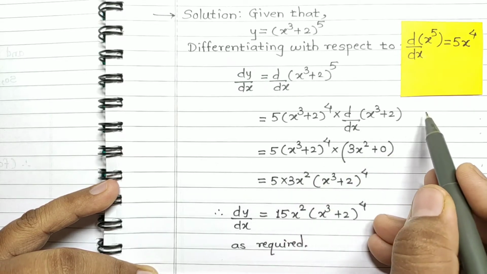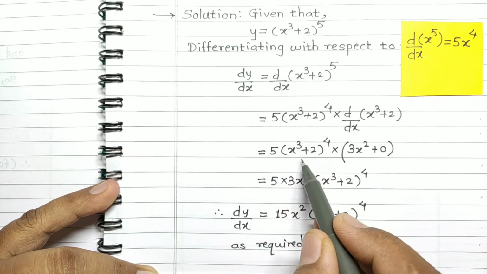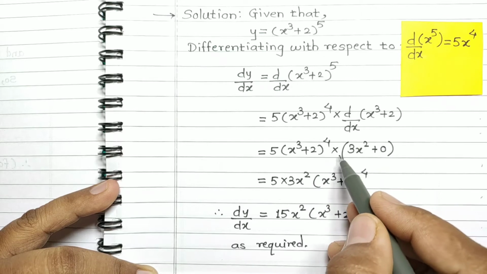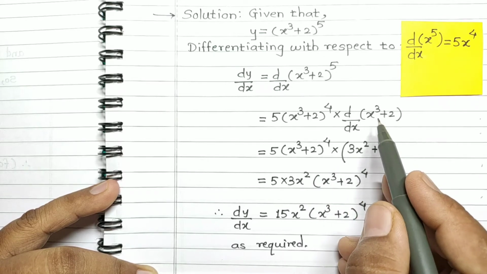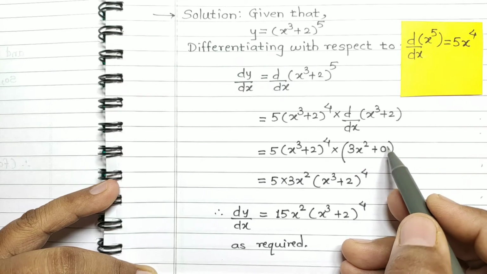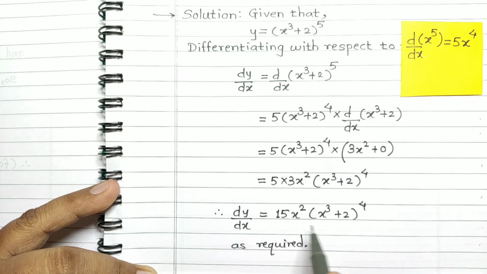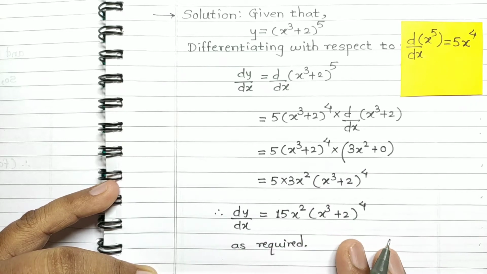So this is the mechanism. In the next step, write down the first function as it is, multiplied by this derivative. The derivative of x cube is 3x square and 2 is constant, so its derivative is 0. Rearranging the terms, we have the required derivative.